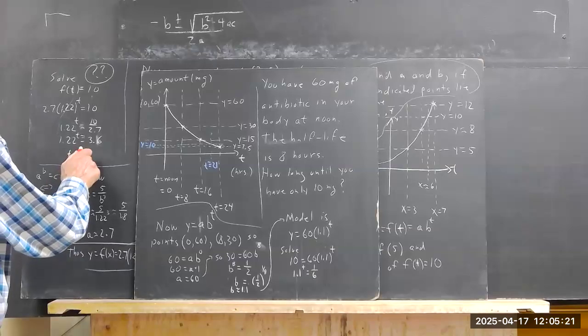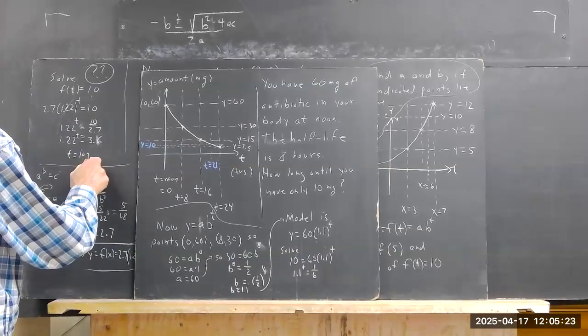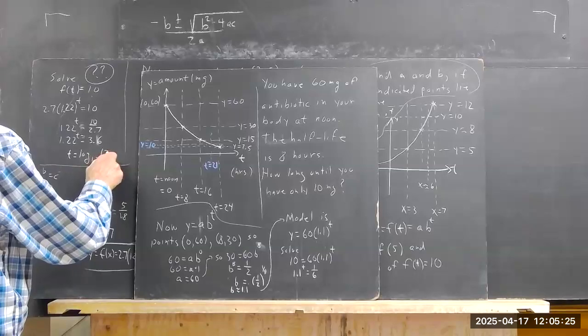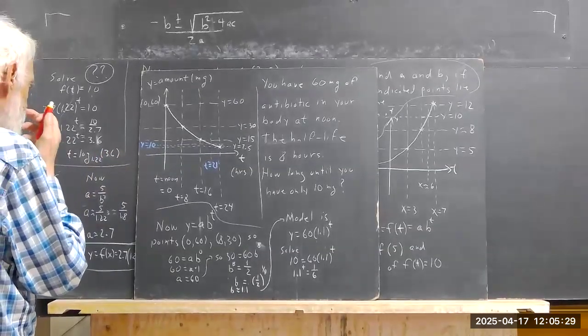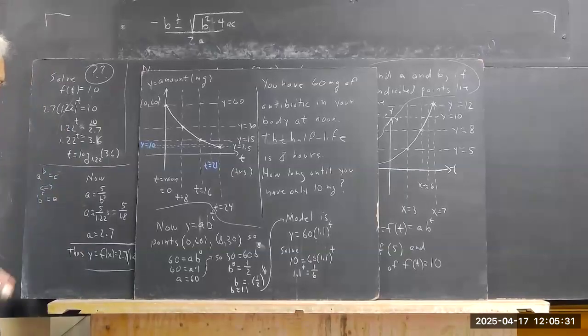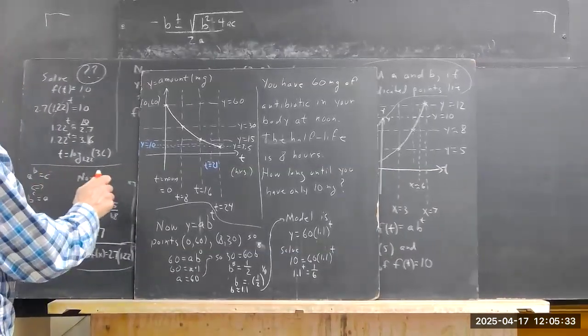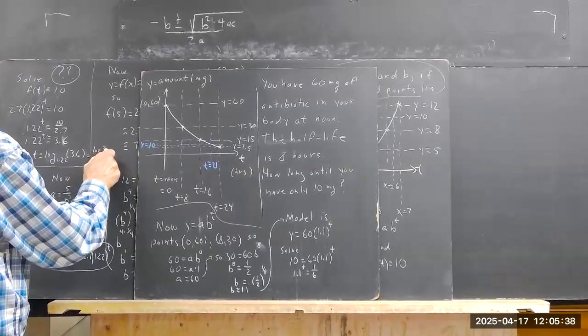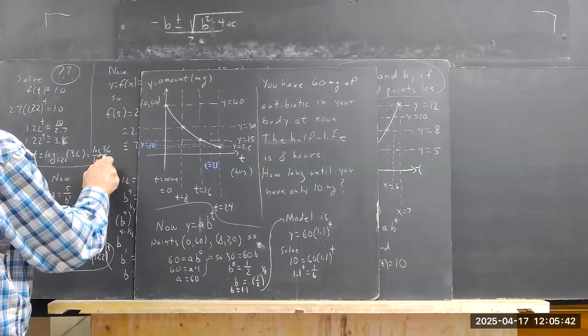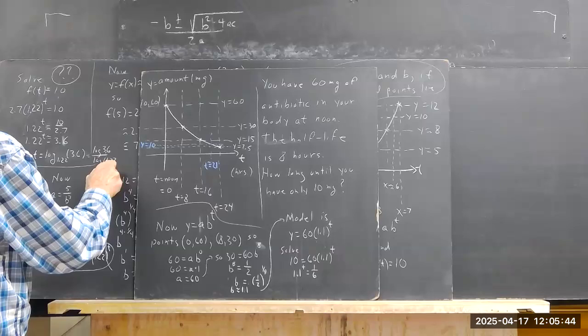So t equals log base 1.1 of 1/6, and that would equal log of 1/6 over log of 1.1.